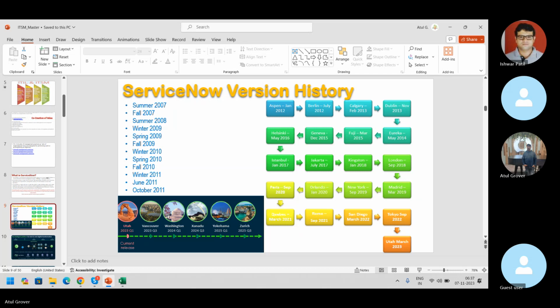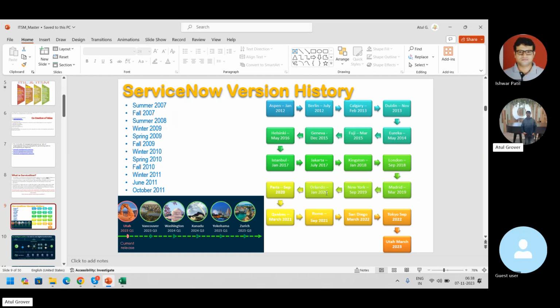I worked with a customer who was somewhere on the Kingston release while ServiceNow was on New York, Orlando or Paris. Five or six releases back. And they still think, let's upgrade or not, because they are so complex in nature. It is not that easy for them to upgrade. So it's tough to answer, but again, it depends on customer to customer, demand to demand.